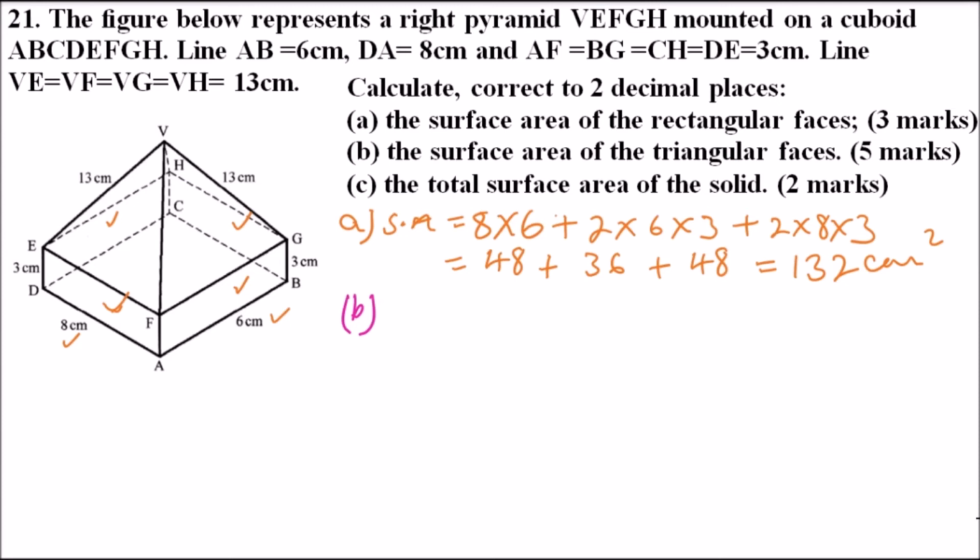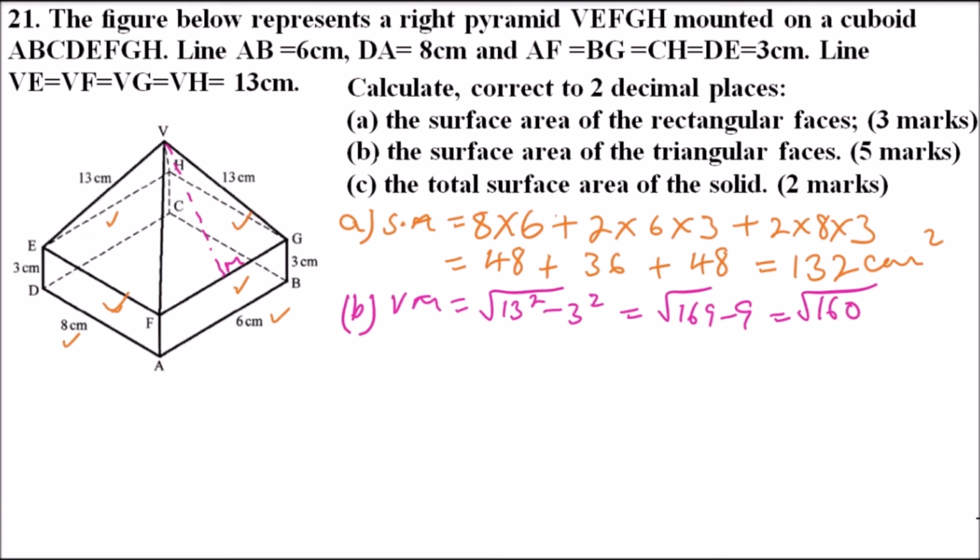We can bring this line here, and if you call that M, then you can say VM is equal to the square root of the surrounding side, that is 13 squared minus 3 squared, that is a half of 6. This gives you the square root of 169 minus 9, which is the square root of 160.